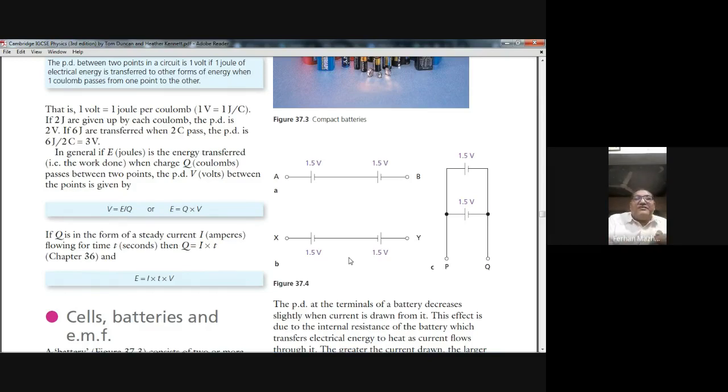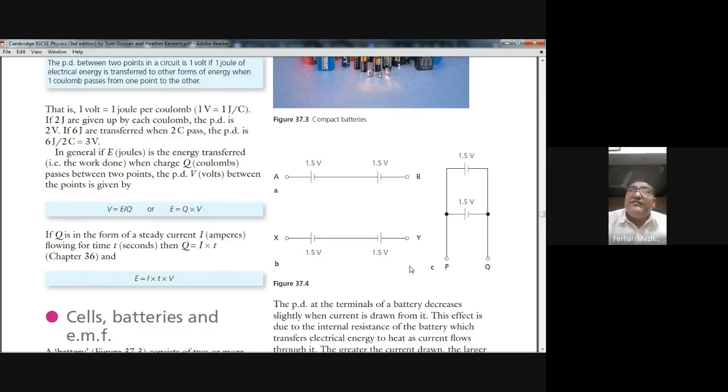Then their EMFs will add up, their voltages will add up, and the cells will help each other. But if you connect it like this, negative with negative, and you try to take out the connections, the cells are connected in the wrong order. So the EMF will be zero.